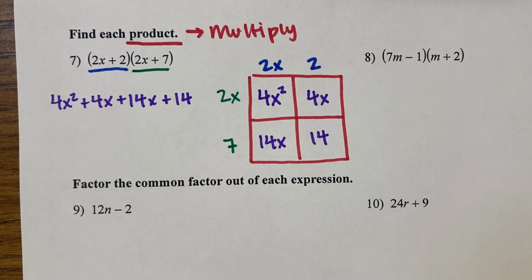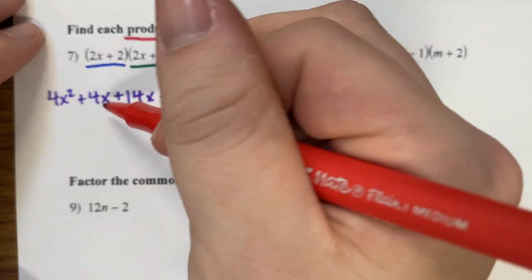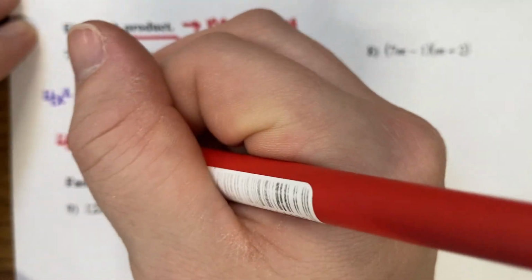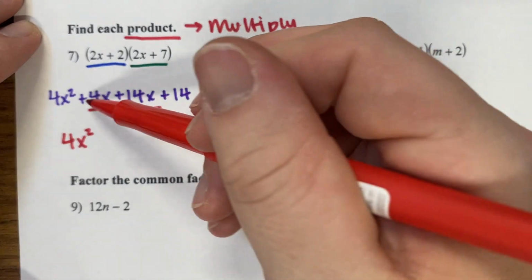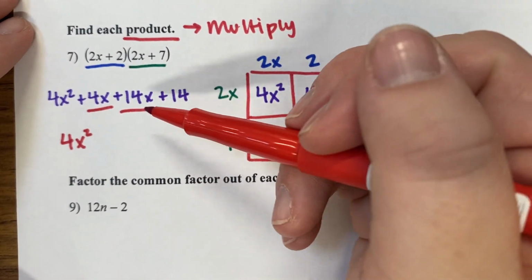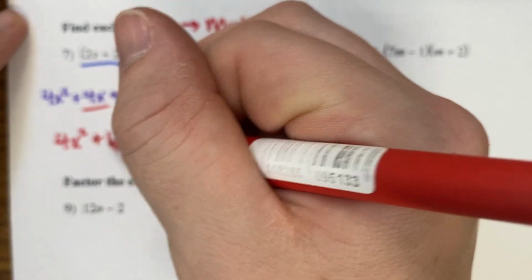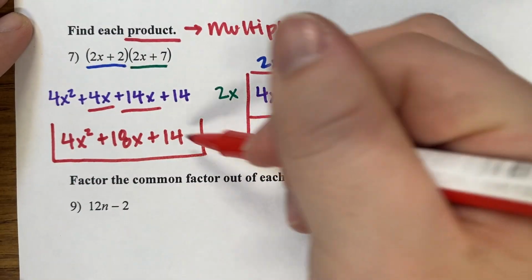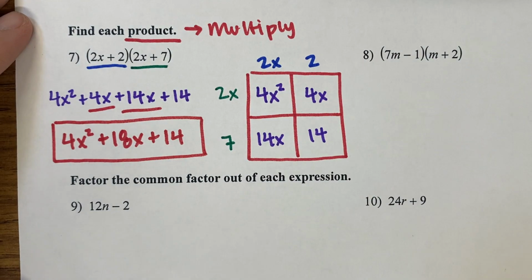So the like terms that I need to combine are the ones with just 1 x's. Okay, so 4x squared stays the same, but 4x plus 14x can be combined. That's going to give me 18x and plus 14 on the end. And there is our product, our final answer.